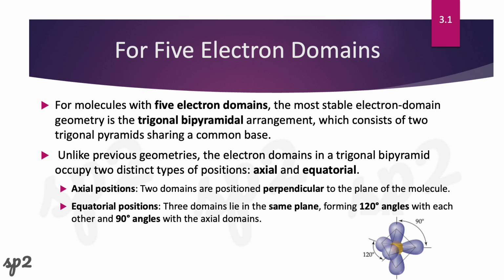So if you look at the picture, these are going to be the axial positions, and these are going to be your equatorial positions, 120 degrees apart from each other and 90 degrees apart from the axial ones. Okay, so let's take a look at the next page.